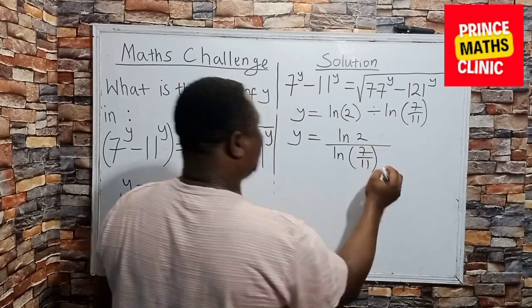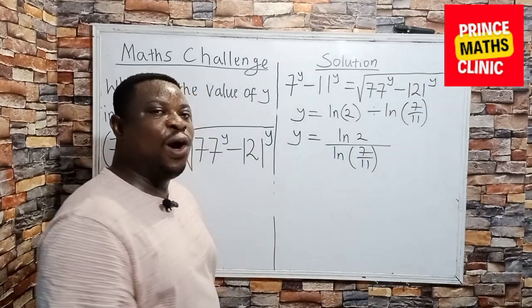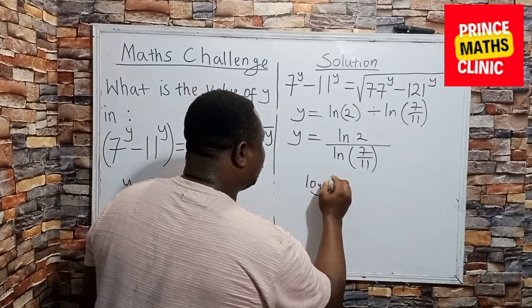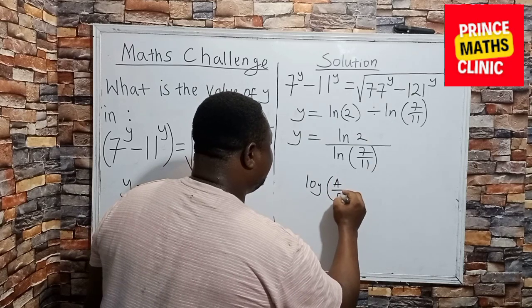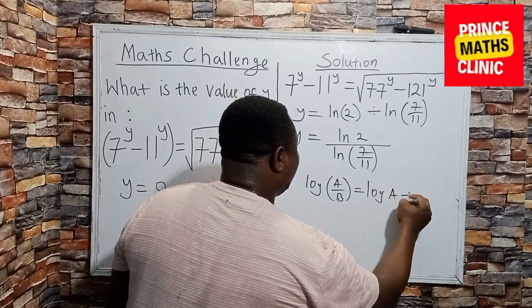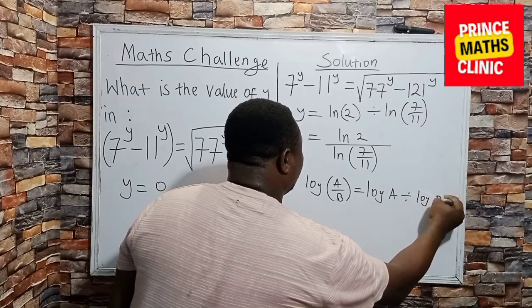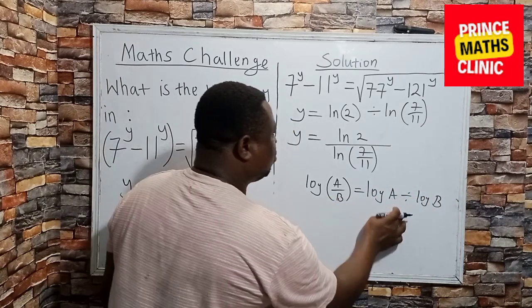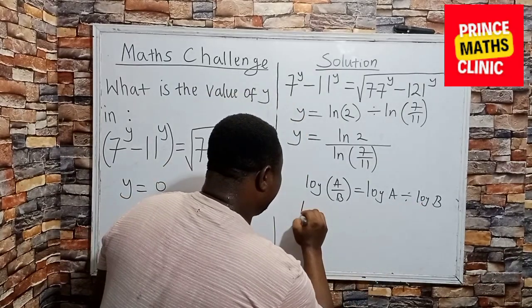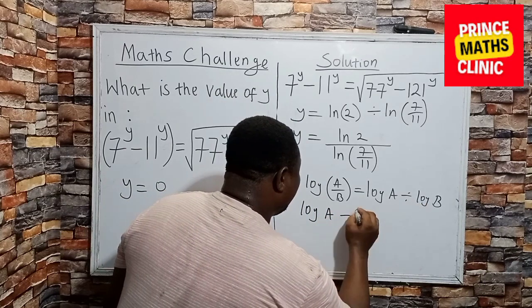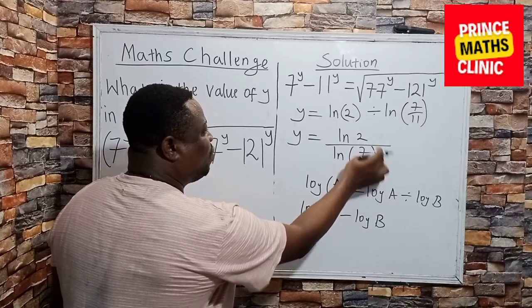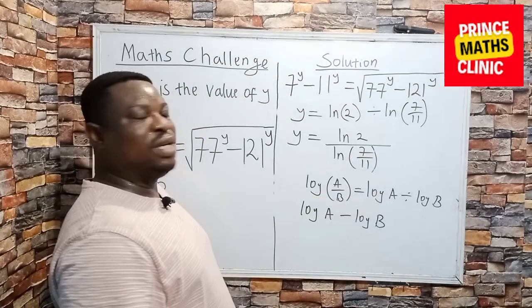Now, looking at the law of logarithms that says if I have log a over b, this is as good as saying log a minus log b, especially looking at it from this angle, right?